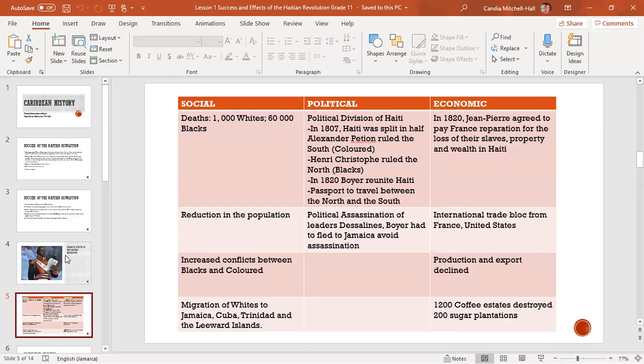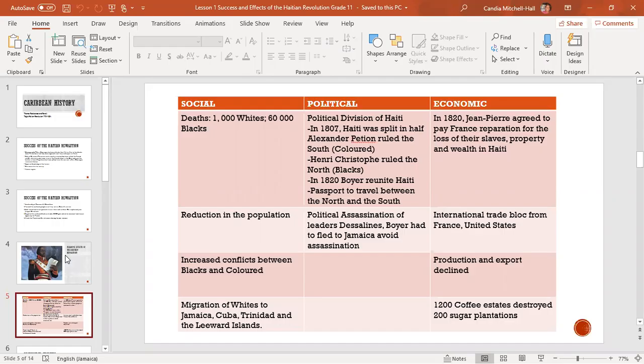The next thing, ladies, in negative economic effects, is that in 1820, Boyer agreed to pay France reparation for the loss of their slaves. Can you imagine that the new leaders in Haiti had to pay France money, all the money that they would have lost as a result of the Haitian Revolution?